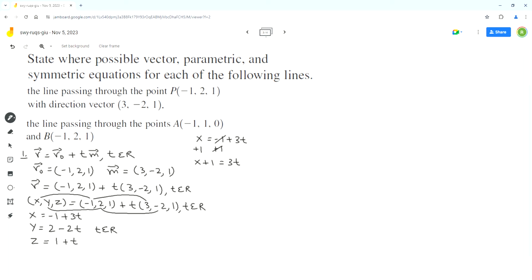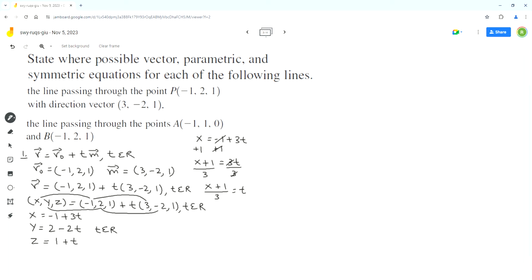Now we can divide both sides by 3. So this is the expression for t from the x equation.